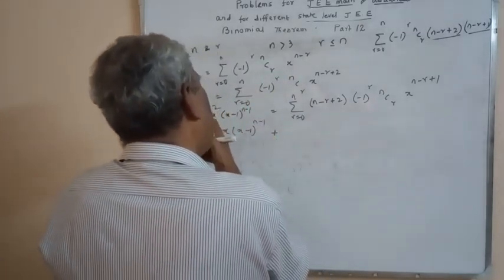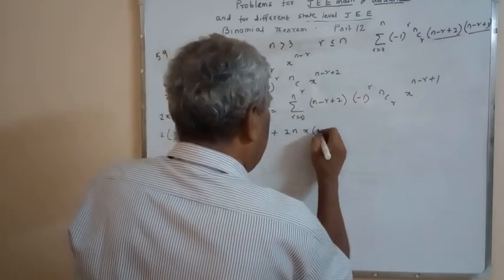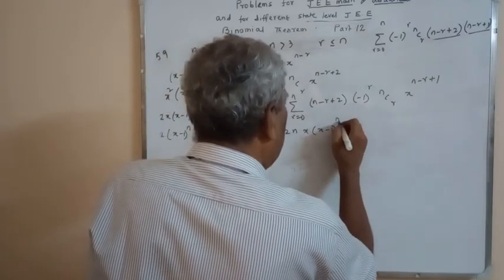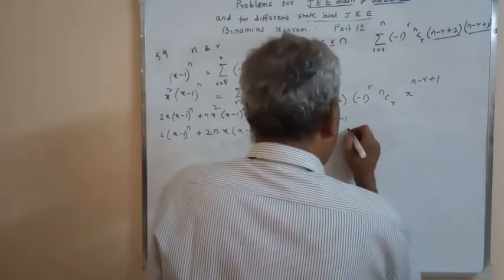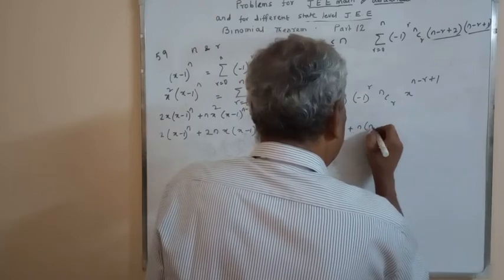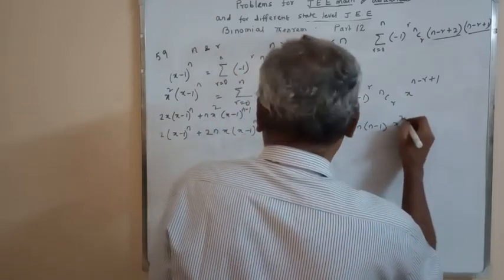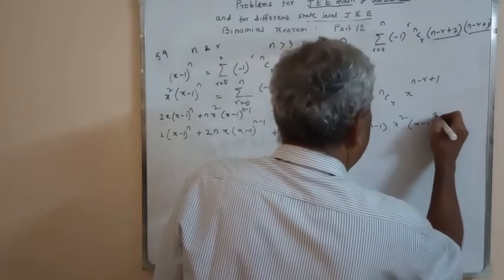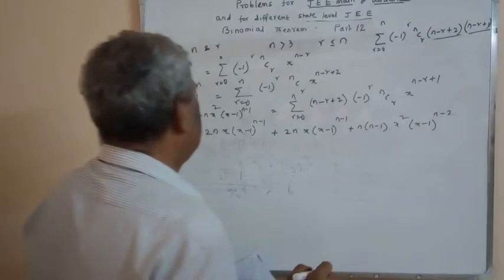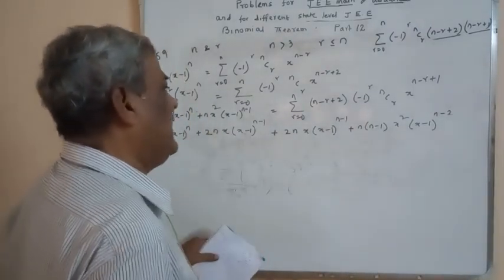Here again two factors are there. 2nx into (x minus 1) to the power n minus 1, derivative of this. Derivative of that is plus n minus 1 into x square into n into (x minus 1) to the power n minus 2. So this completes the derivative of the left hand side.